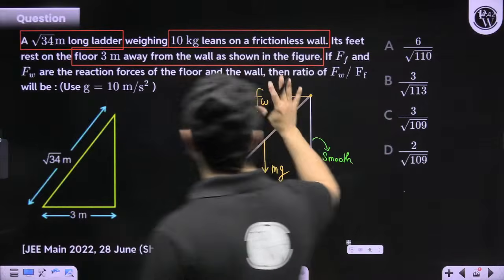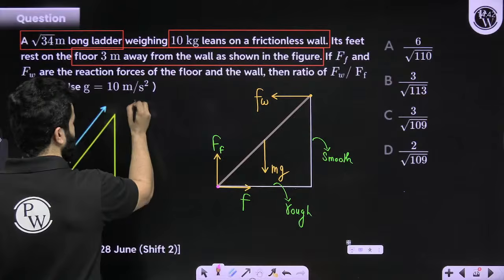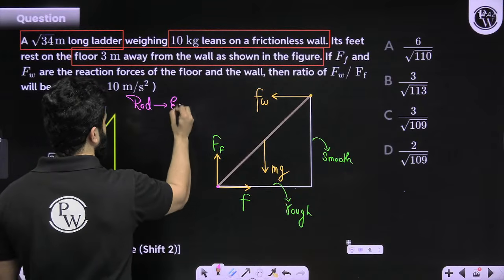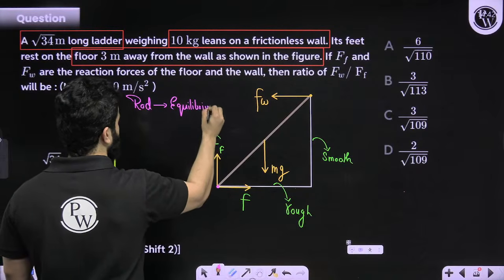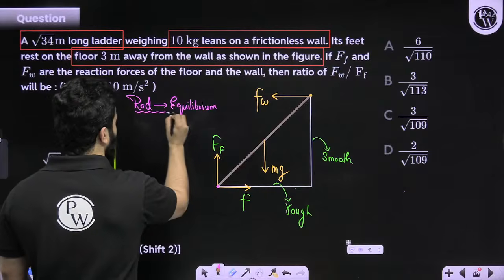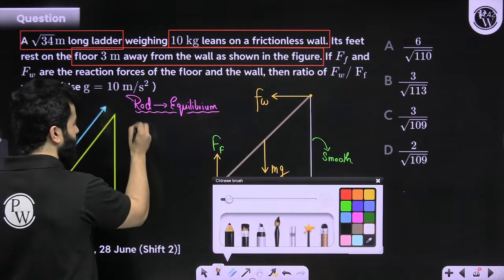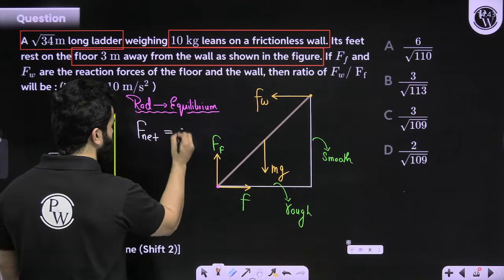Okay. So, my dear friends, in these types of problems, the concept is that the rod is in equilibrium. Equilibrium basically means two things. First, net force will be equal to 0.